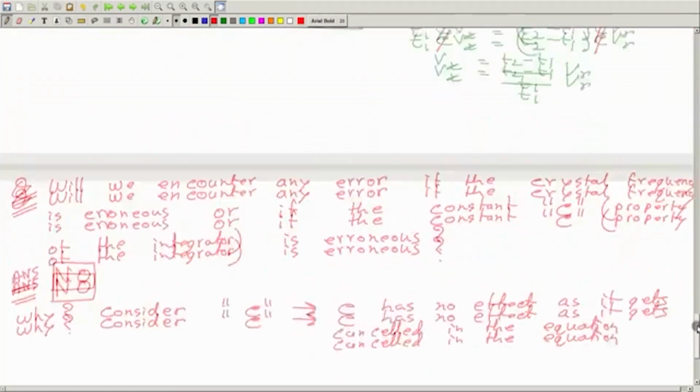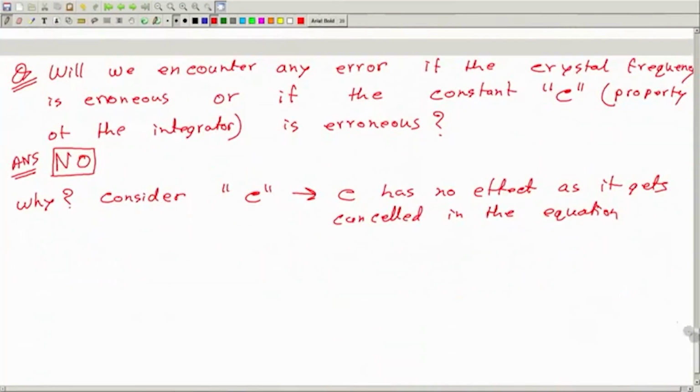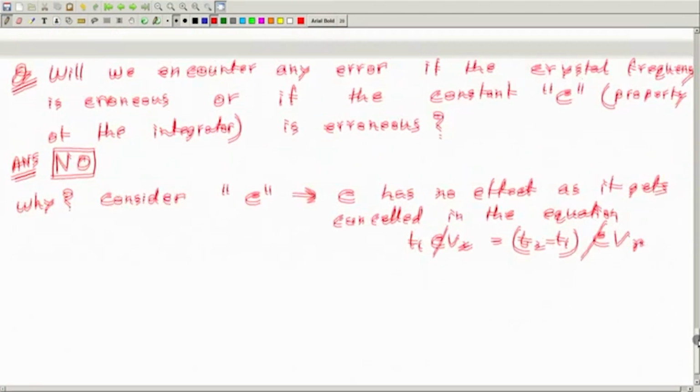What was the equation? T1 CVx is equal to (T2 minus T1) CVr. Okay, so this has no effect.